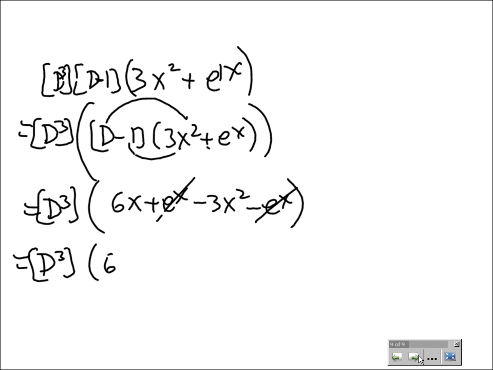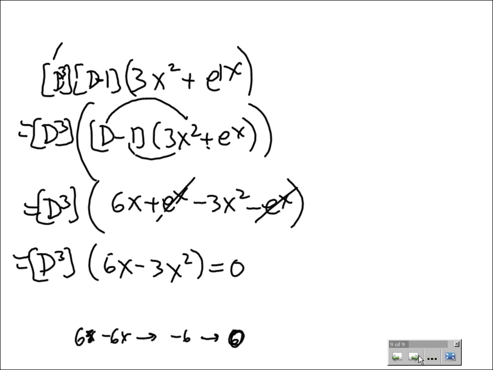So now I have my quadratic. And of course d cubed is going to do that. Because the first derivative will be 6 minus 6x, the second derivative will be minus 6, and the third derivative will be not 6, but 0. So it absolutely is working. And I didn't have to switch the order.